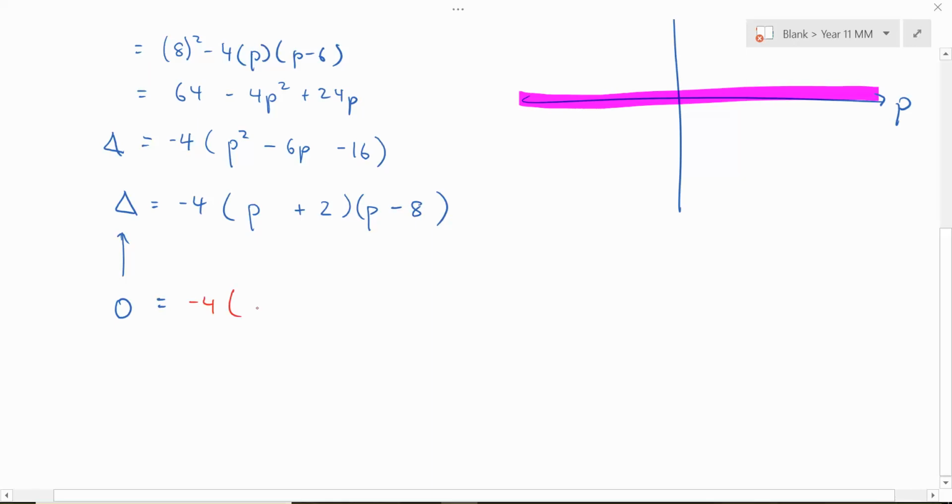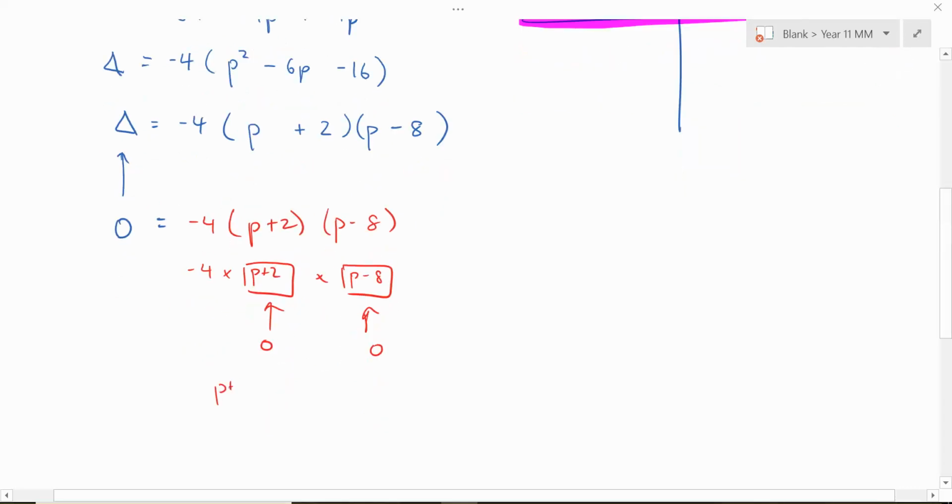You've got negative 4 bracket p plus 2, p minus 8. Using the null factor law, it's negative 4 times this magic box times this magic box, and one of them has to be 0. So p plus 2 needs to equal 0, and p minus 8 needs to equal 0. P plus 2 equals 0 means p is negative 2. And p minus 8 equals 0 means p has to equal 8.